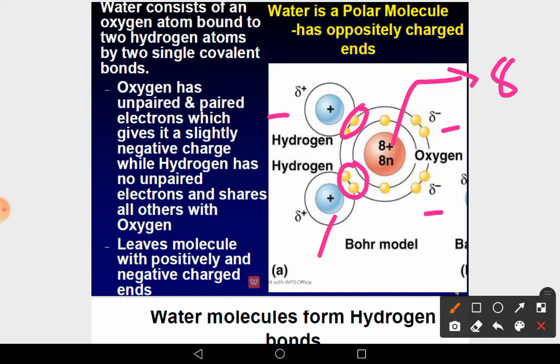We call it delta minus, and the hydrogen atom has a small delta positive charge. Oxygen has unpaired and paired electrons which gives it a slightly negative charge, while hydrogen has no unpaired electrons and shares all with oxygen. This leaves the water molecule with positive and negative charged ends.